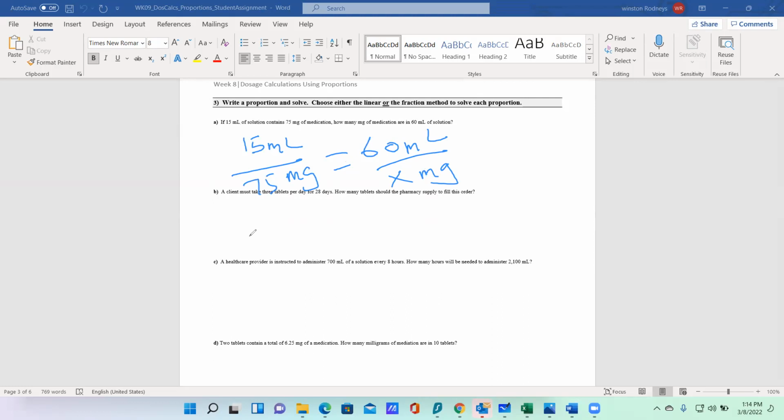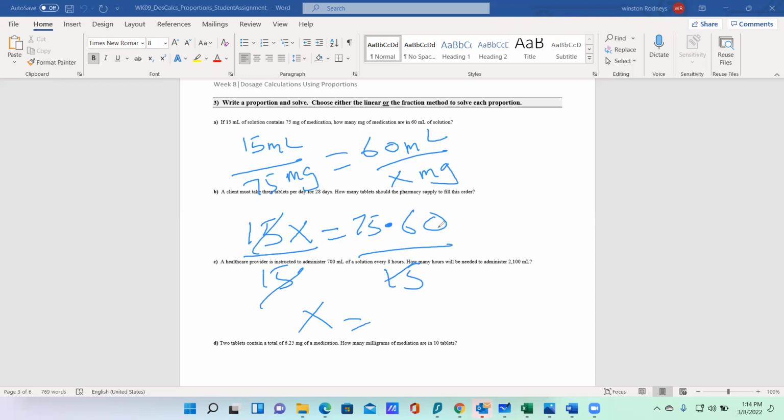Okay, cross multiply. 15X equals 75 times 60. And divide both sides by 15. X equals, well, 75 times 4 is 300.